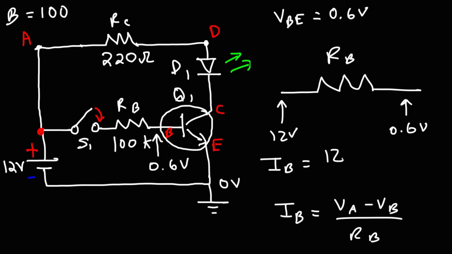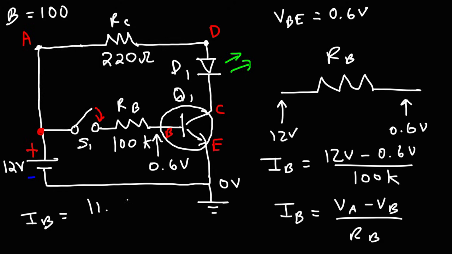And so that's going to be 12 volts minus 0.6 volts divided by 100 kilo ohms. So 11.4 volts divided by 100 kilo ohms. Now something I do want to mention is that when you divide volts by ohms, you're going to get the current in amps.